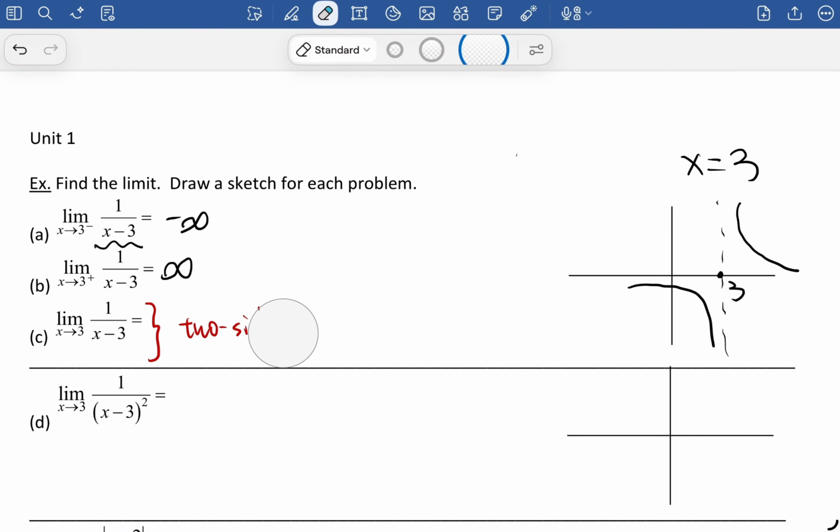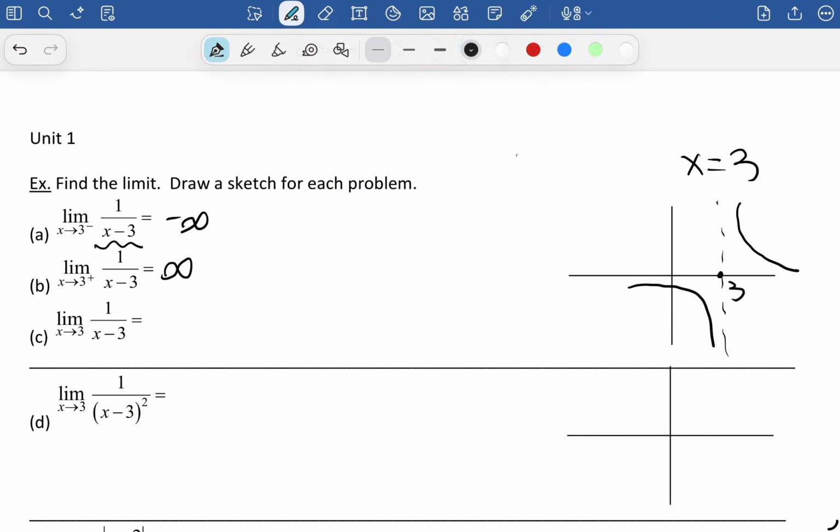These two don't equal, so the limit of this function does not exist. It's simply because the left limit does not equal the right limit. That's why the two-sided limit does not exist. In other words, this function is discontinuous. We will cover that in later videos.